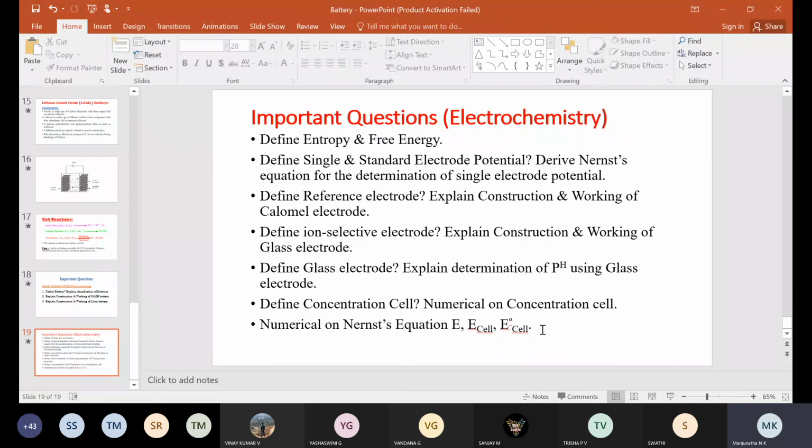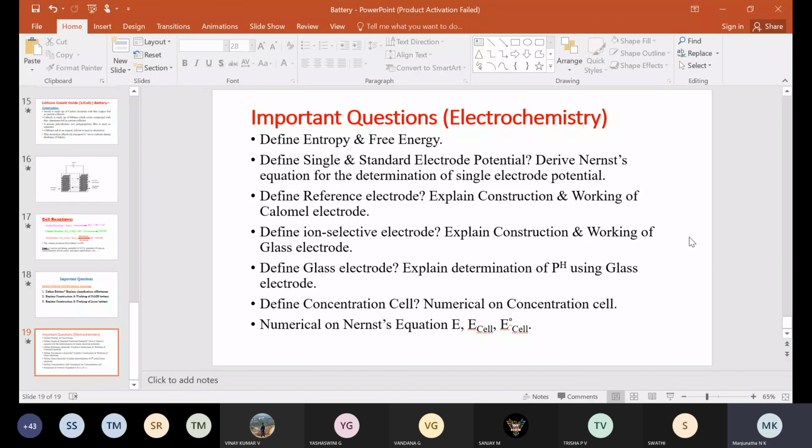And to solve the numericals on the basis of Nernst equation, you need to remember that E cell is equal to E naught cell plus 0.0591 divided by n log concentration of cathode species divided by concentration of anode species. These two formulas you need to remember to solve the numericals on the basis of concentration cell and Nernst equation.